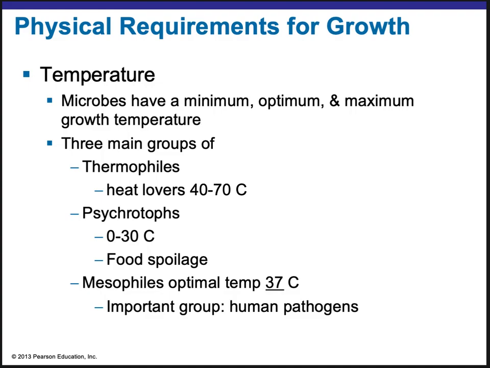So the three main groups of microorganisms as far as temperature goes, so you will see that they're actually divided into 5 groups when we look at this little chart on the next slide. But really, it's 3 main groups that we, or I, care about, and that's the thermophiles, the psychrotrophs, and the mesophiles.